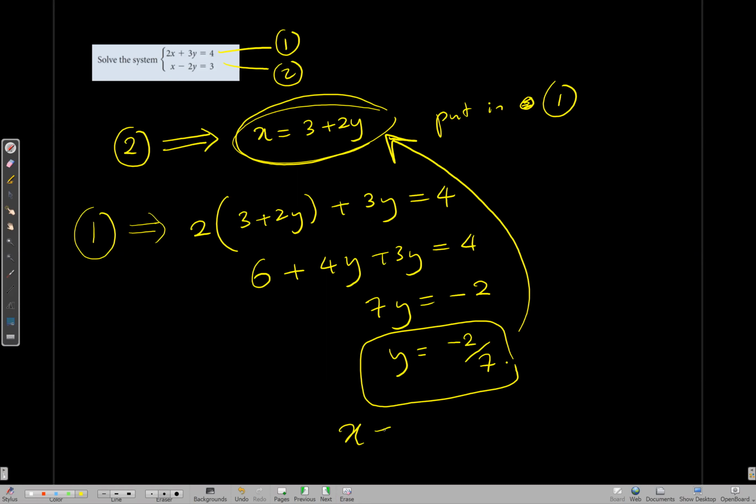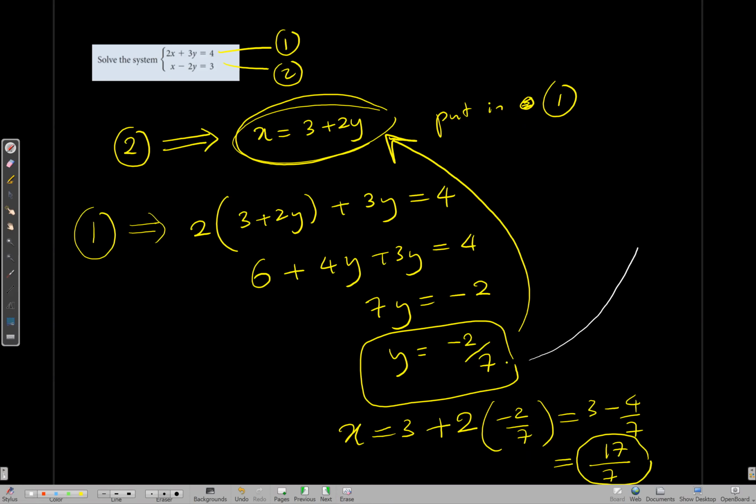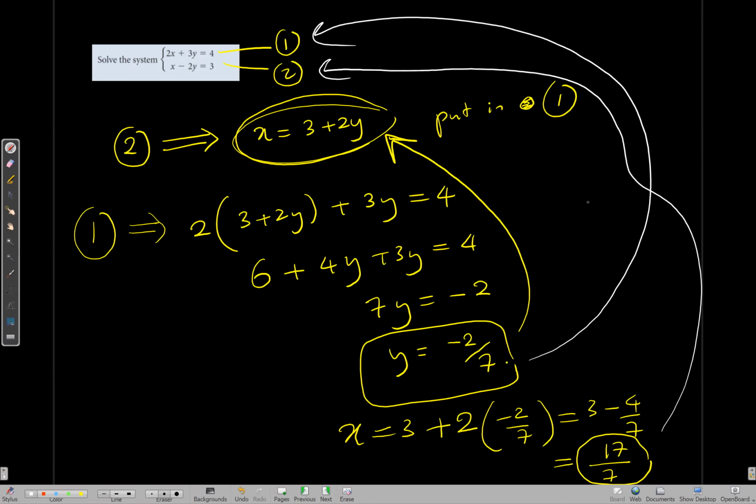So x is going to be 3 plus 2y, but the y is this one. So 3 minus 4 over 7, and when we simplify, 21 minus 4 over 7, so 17 over 7. Now at this point, you can plug these two values back in your original equations and check. I really recommend you do that, but I'm not going to do that in this video, so please check it. That's going to work.